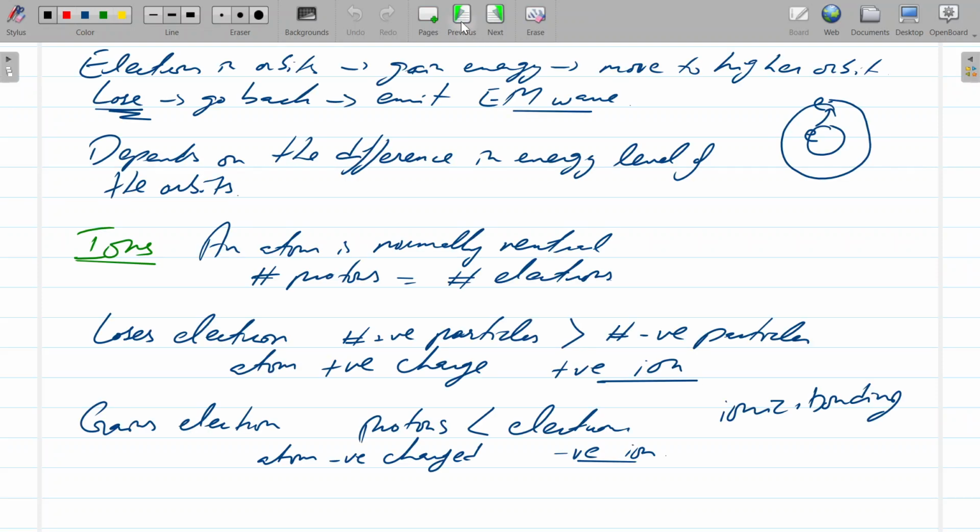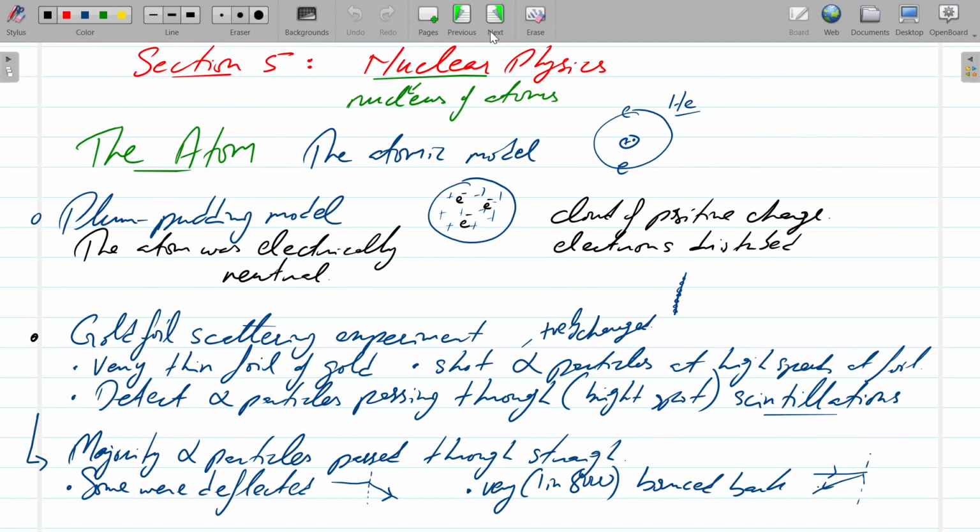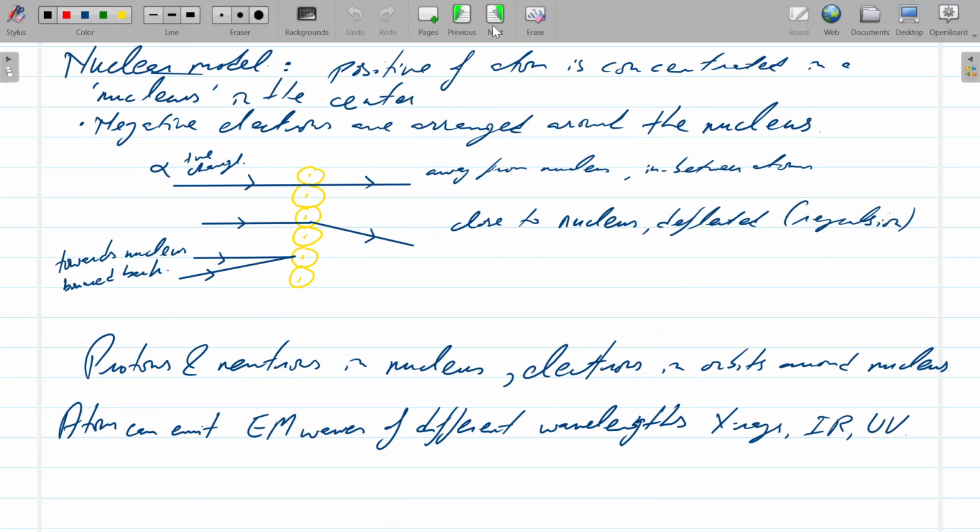Okay, so today we are continuing from where we left off the last time. We started with Unit 5, or Section 5, which is nuclear physics. We talked about the atomic model and the experiment carried out to theorize the current model of the atom we have.